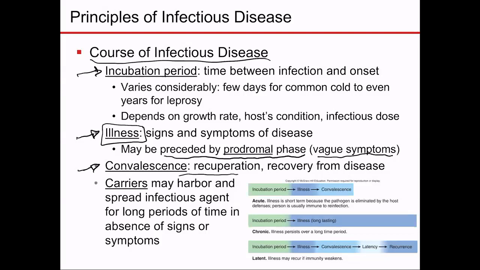Something interesting is the concept of carriers. Carriers are subjects that get infected with the pathogen, and then they develop an asymptomatic disease, no symptoms, no signs of the infection. But now they can spread that infectious agent and transmit it to other people. Those are what we call carriers.